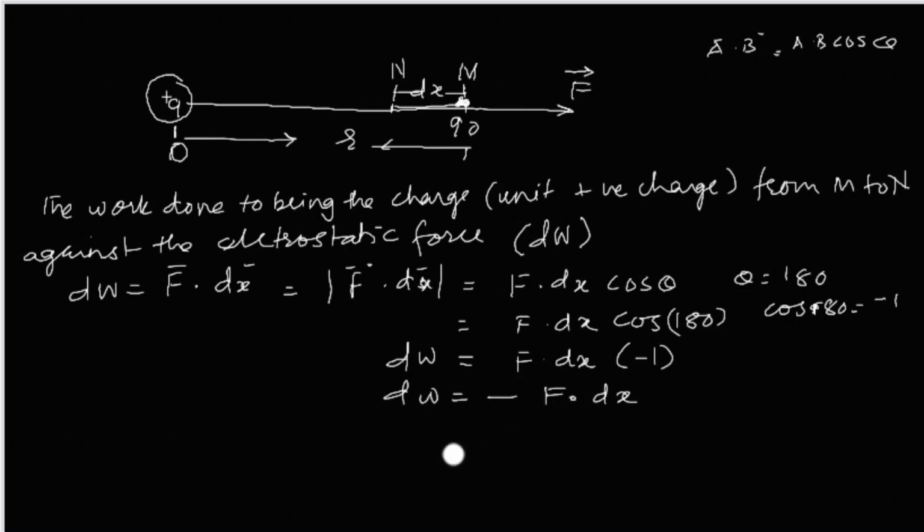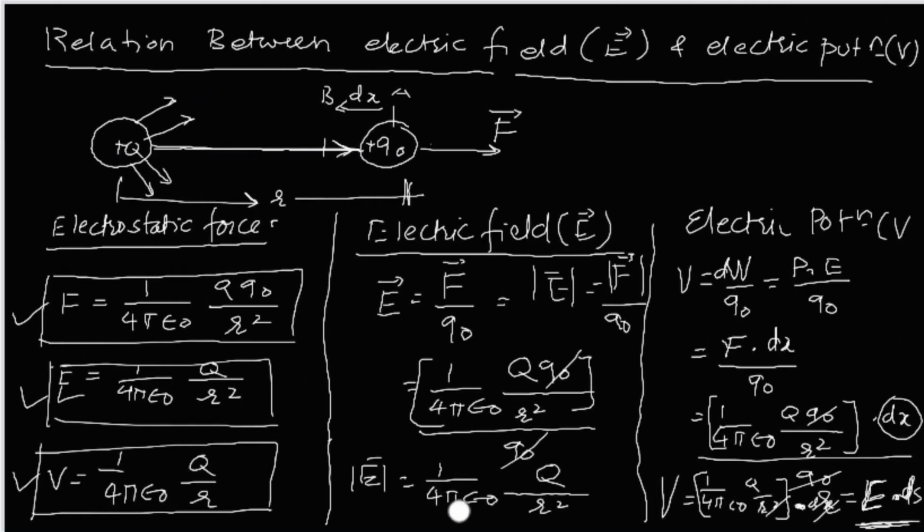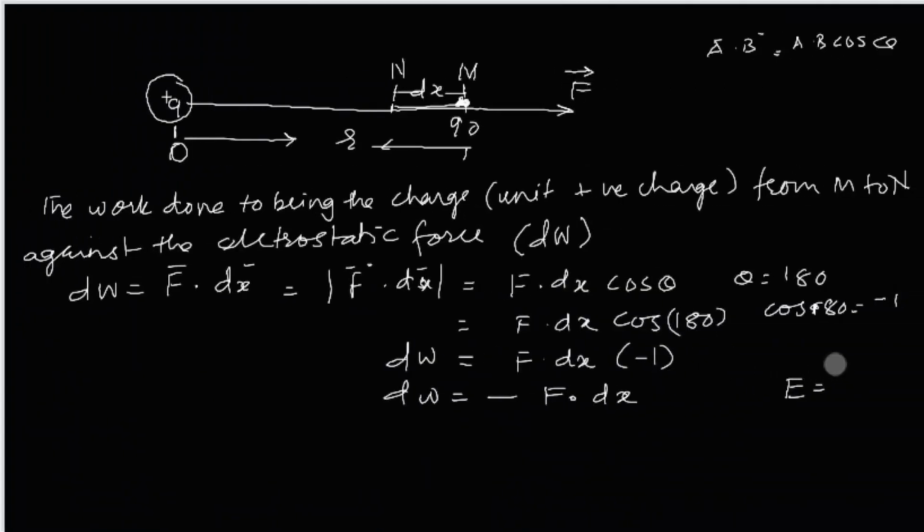Now if I want to write it in the form of electric field, how to write? In the previous slide we saw the relation between electric field and the force: E is equal to F upon Q0, isn't it?